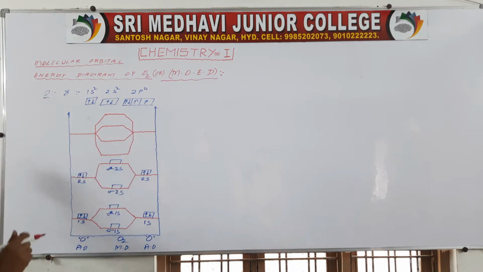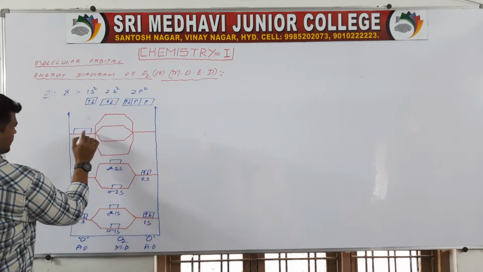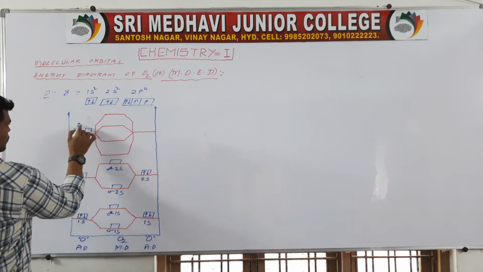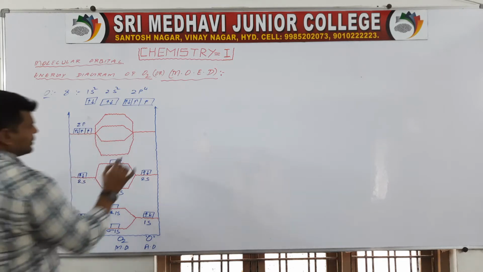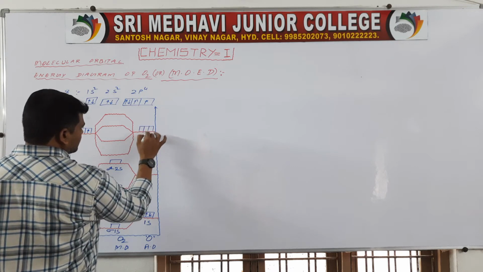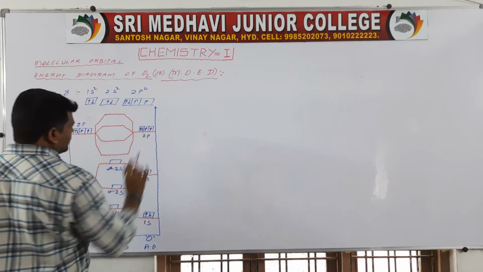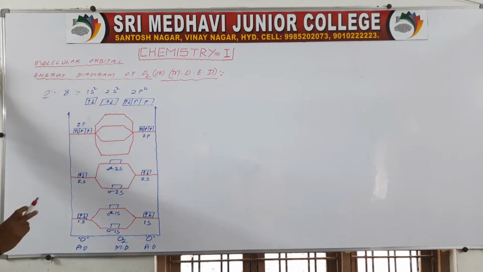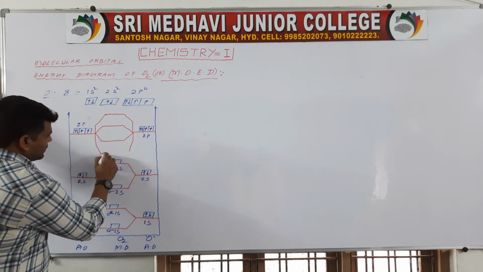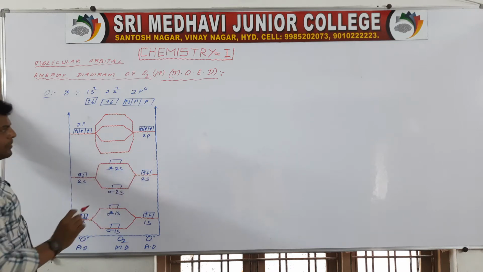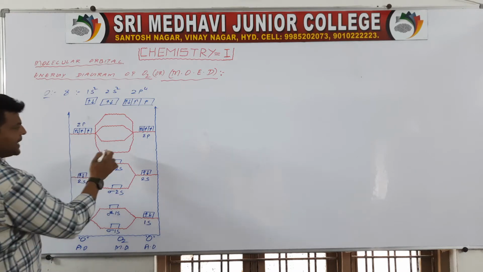Okay, so this is 2p: 2 electrons, 1 electron, 1 electron. Here it is 2p: 2 electrons, 1 electron, 1 electron. Previously, 2pz is inside.